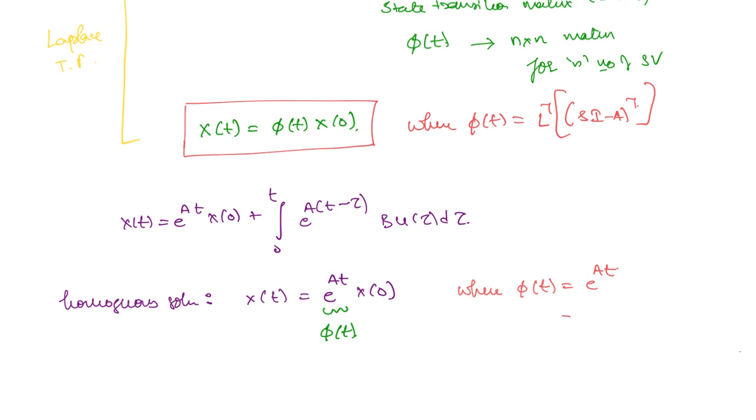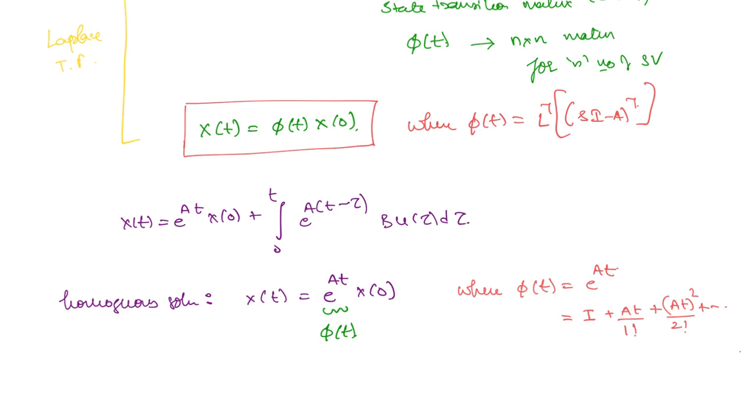Now e to the power A t, how can we write it? Identity matrix I plus A into t by 1 factorial plus (A into t) whole square by 2 factorial plus so on. Remember that these are all matrices. A is a matrix, and I is the identity matrix. So if A is n by n, then you also have to take an n by n identity matrix.